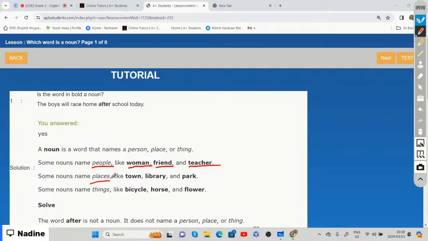The places that it names are, like, maybe we can say town instead of saying the name of the town. The library, we're going to the park for a picnic. And some of the nouns name things, right? Things like bicycle.